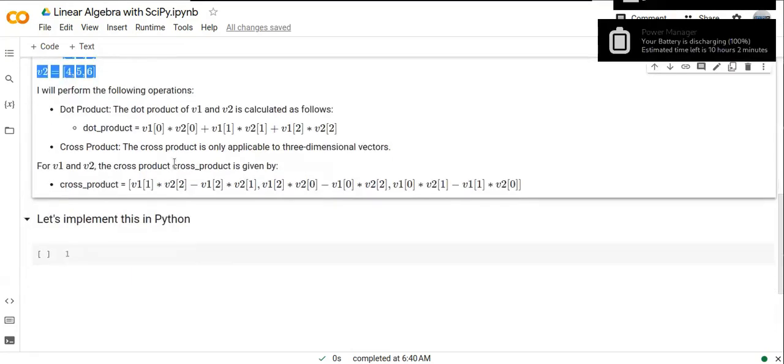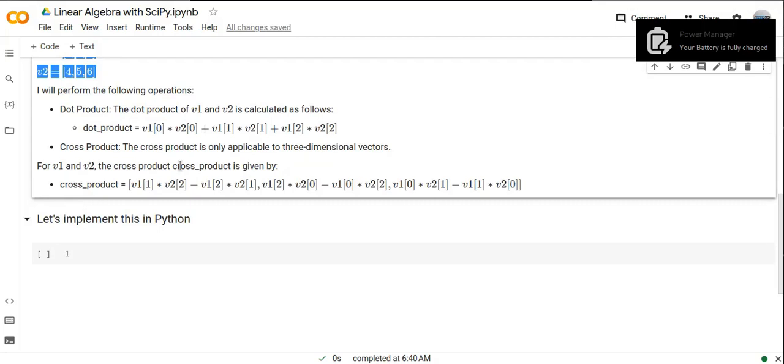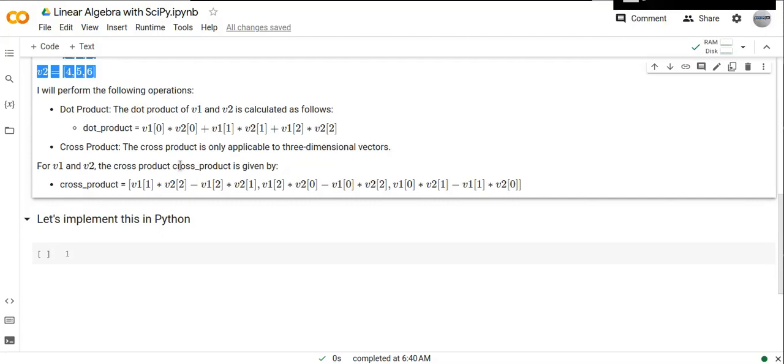And the cross product is different from the dot product, but the cross product is also known as a vector product, and this cross product is specific to three-dimensional vectors, and the result is perpendicular to both input vectors.